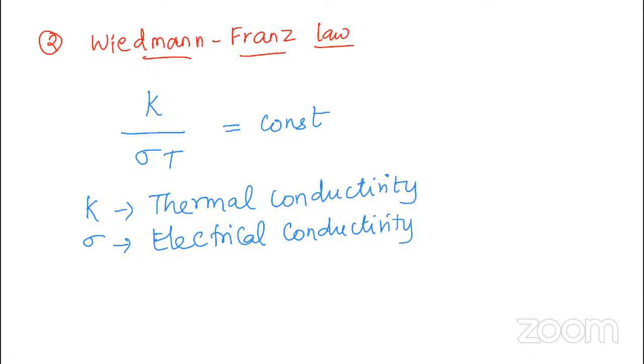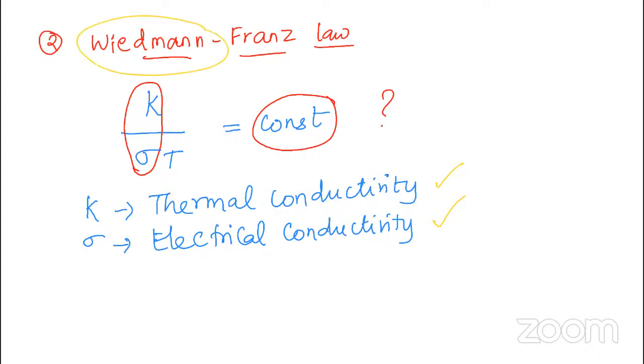Okay, so thermal conductivity க்கும் electrical conductivity க்கும் ரிலேஷன்ஸ் போட்டோம் அப்படின்னா எந்த லா it should be constant அப்படின்னு they are asking the question. Okay, so which law is related to thermal conductivity and electrical conductivity அப்படின்னு கேட்பாங்க. ஓகே, சோ அந்த டைம்ல Weidmann-Franz law உங்களுக்கு ஞாபகம் வரணும்.